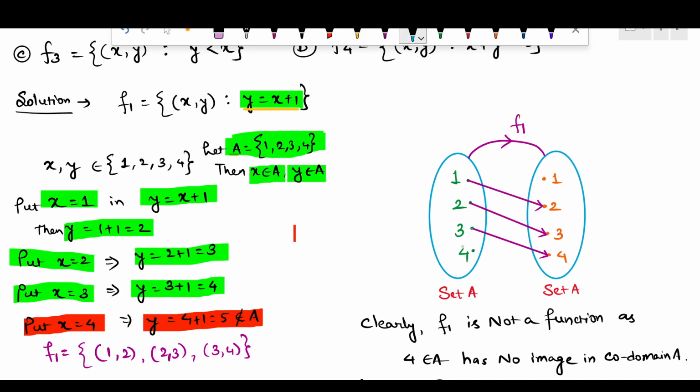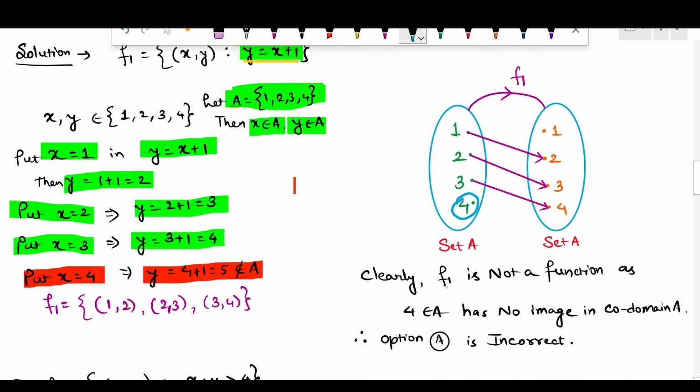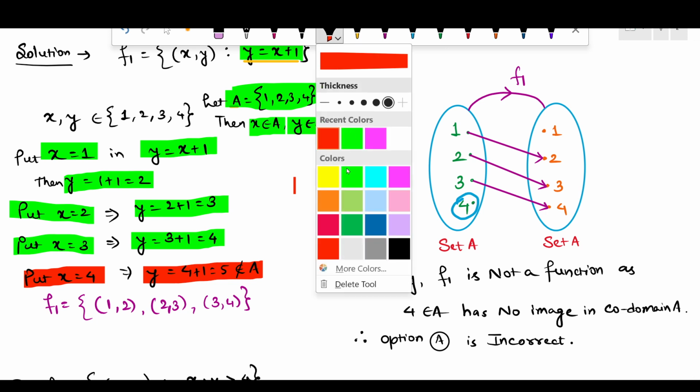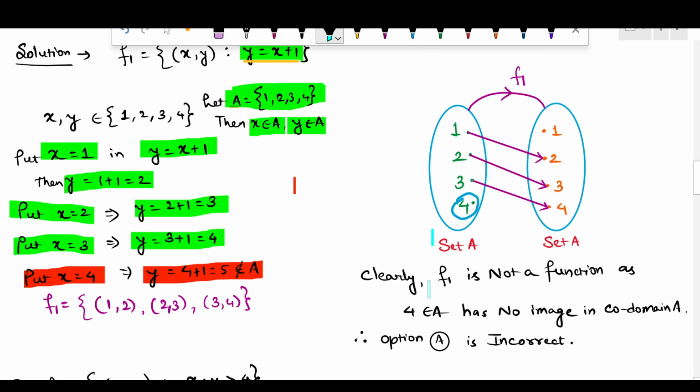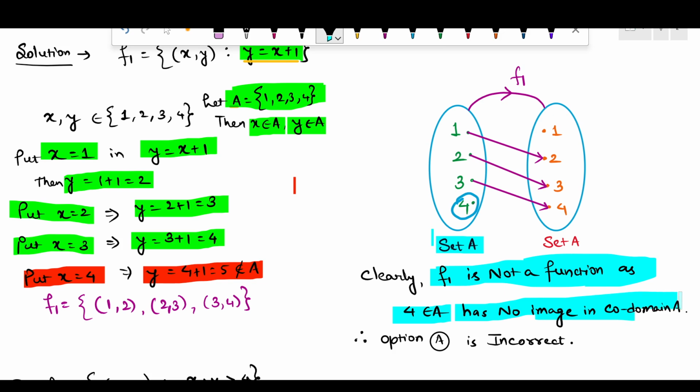Therefore f1 is not a function from set A to set A. Clearly f1 is not a function, as 4, which belongs to this first set A, has no image in its codomain, which is set A itself, right?